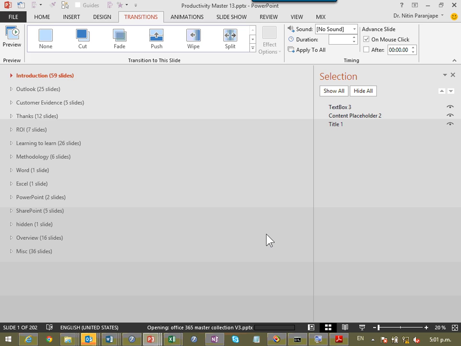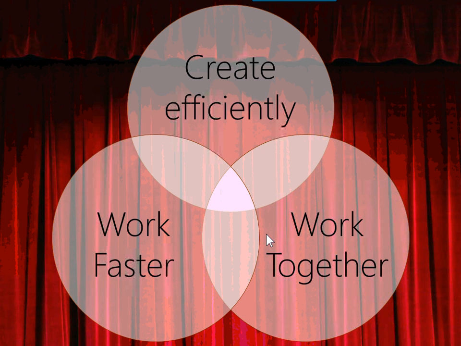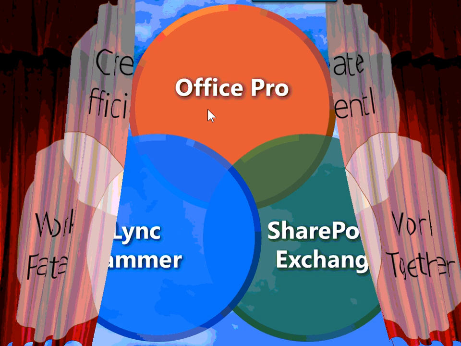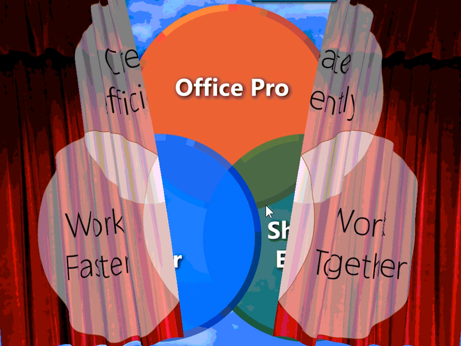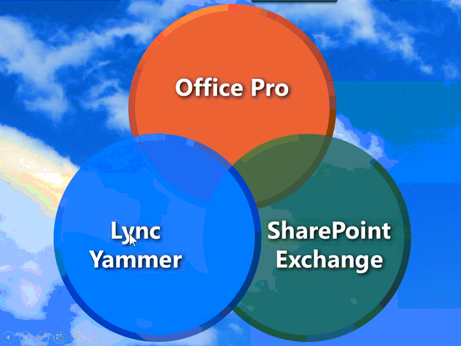So 365 is designed not just for creating documents. It is also designed for working together in a better way in a team and working faster. So for each of these there is a product. All put together is called Office 365. So creating things is done in Office, sharing them is using OneDrive and email, and then fast work is done using Lync and Yammer.